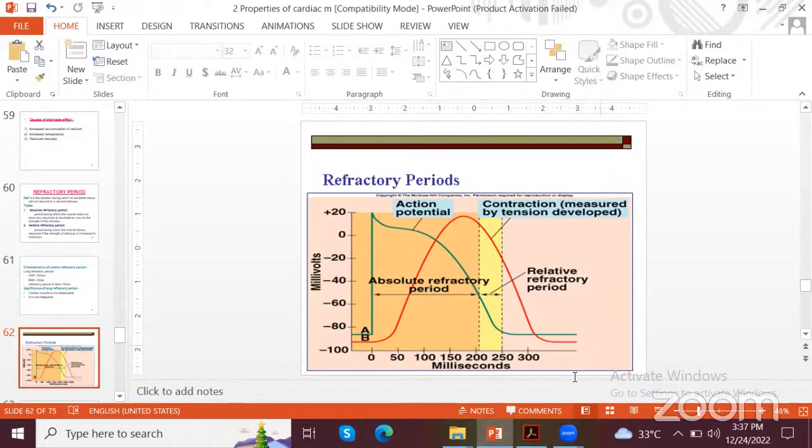In that, a long part is in the absolute refractory period and a minor part is in the relative refractory period. So there is no chance, or a very rare chance, for a second stimulus to produce a response. That's why cardiac muscles are said to be non-fatigable and non-tetanizable.